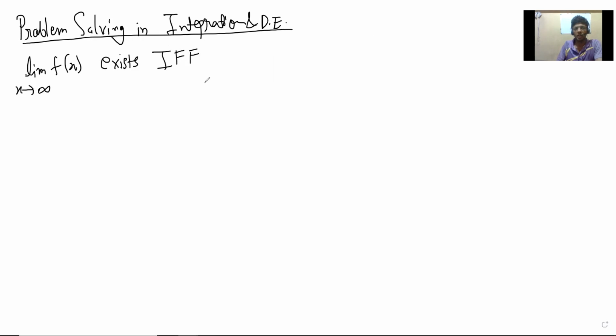But can anybody recall? I think Raghav was not there, so maybe Rasavro, if you remember. There was an interesting criterion which we said will imply existence of the limit when x goes to infinity, and we'll try to see if that is correct.